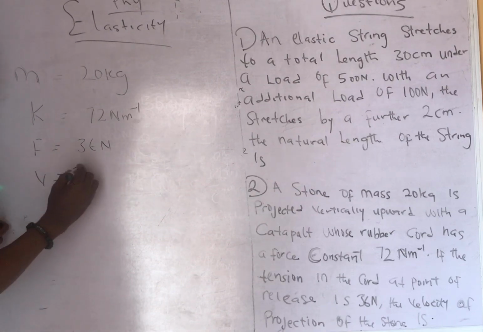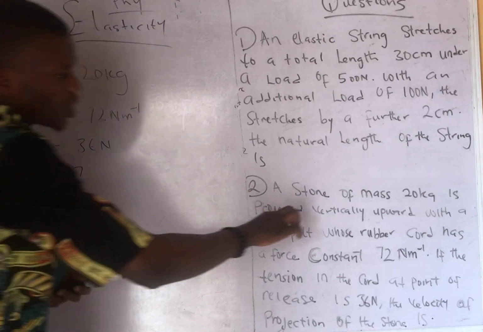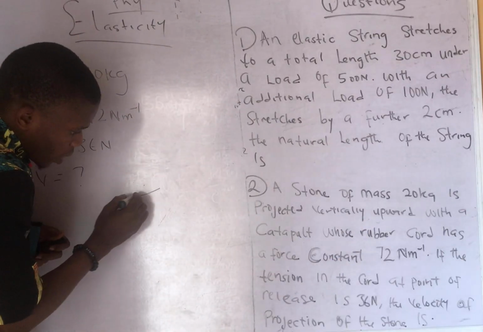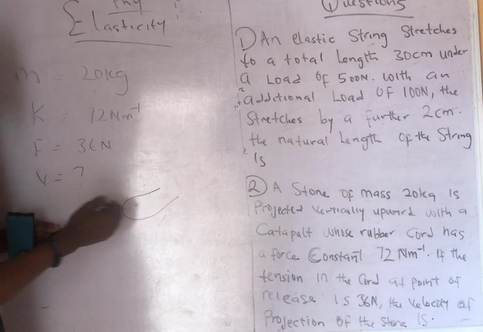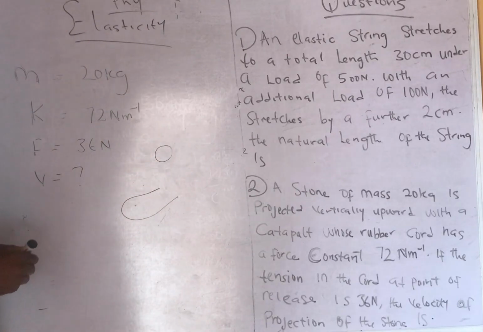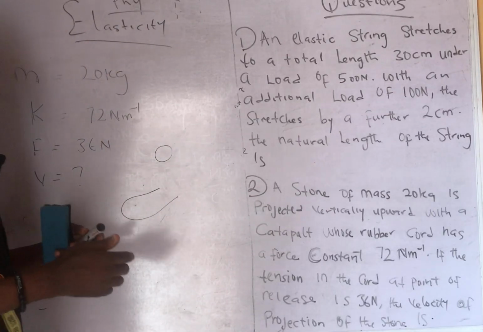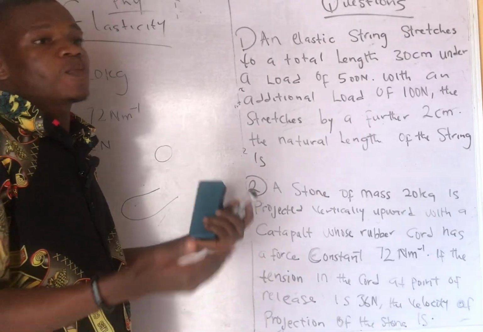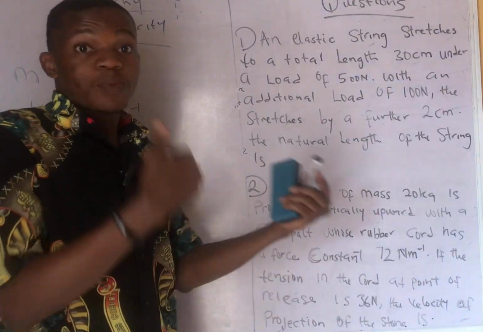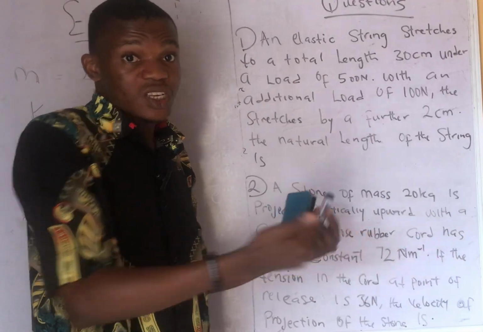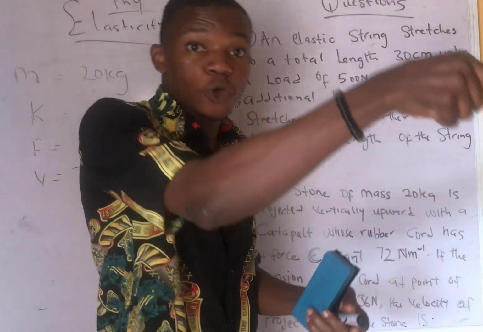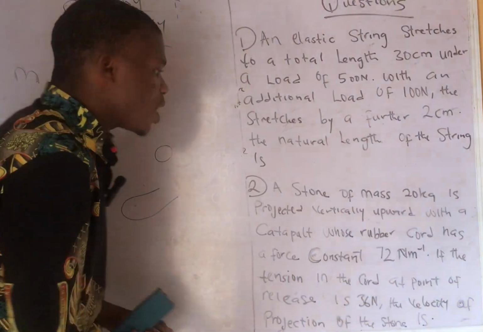The velocity of projection of the stone is what we don't know. Looking at this question very well, they said a stone and a catapult. A catapult has a rubber, and that is where elasticity comes in. Then the stone is where energy comes in, like potential energy. The energy acquired by virtue of position is potential, while the one acquired by virtue of movement or motion is kinetic.